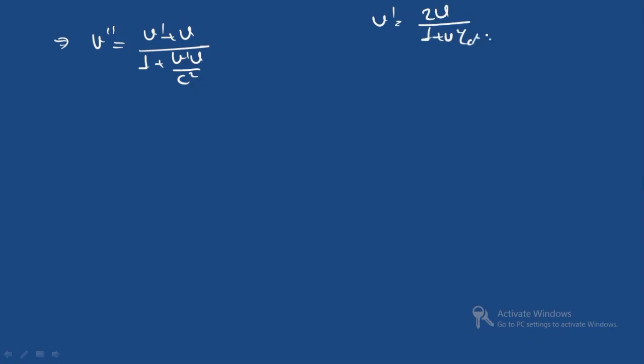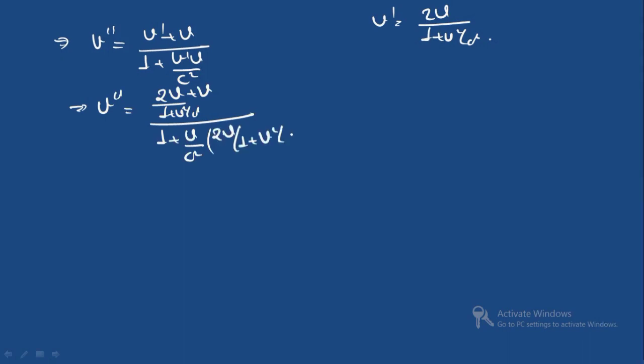Now we will do the calculation part. First we will substitute the value. You will have 2V by 1 plus V square by C square, plus V, divided by 1 plus V by C square times V prime, where V prime is 2V by 1 plus V square by C square.